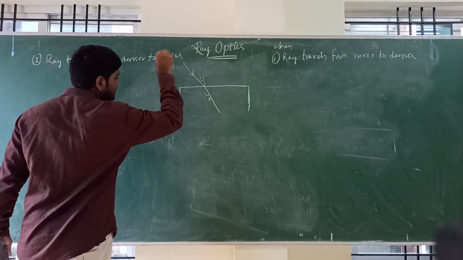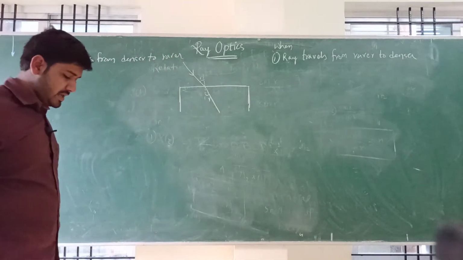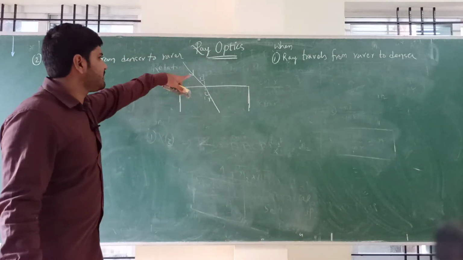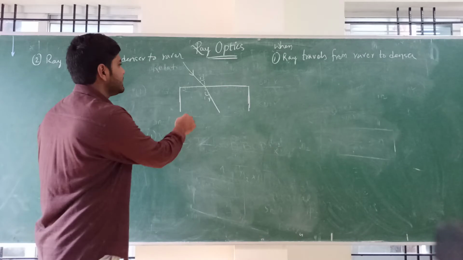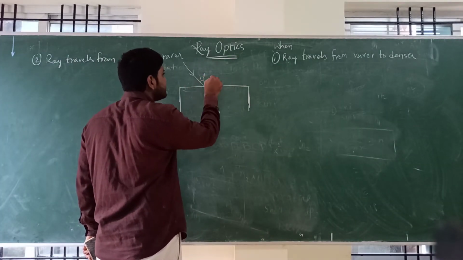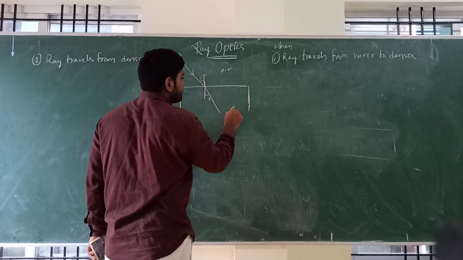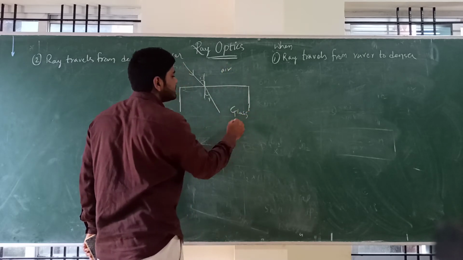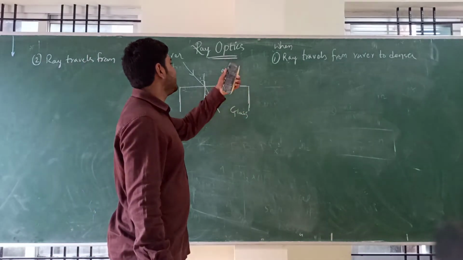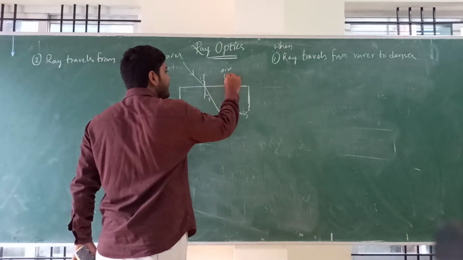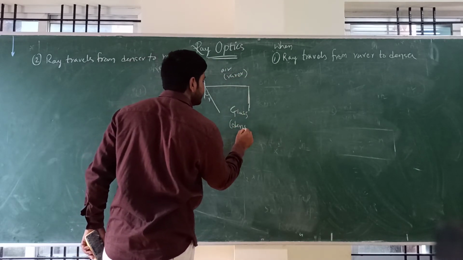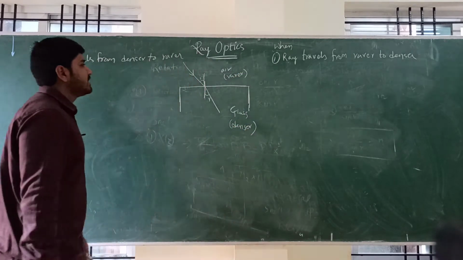We know what is denser and what is rarer medium. So when the ray is traveling from rarer to denser medium, see, this is air, this is glass, and we know glass is denser than air. Glass is the denser medium and air is the rarer medium. Now the ray is traveling from rarer to denser.